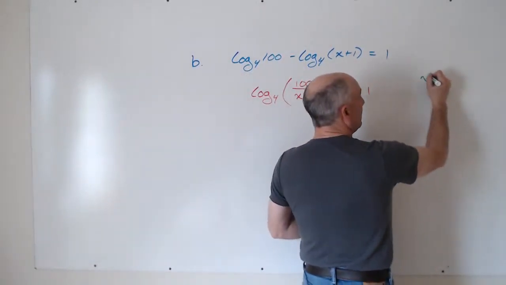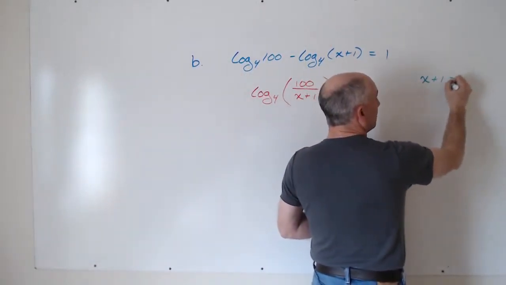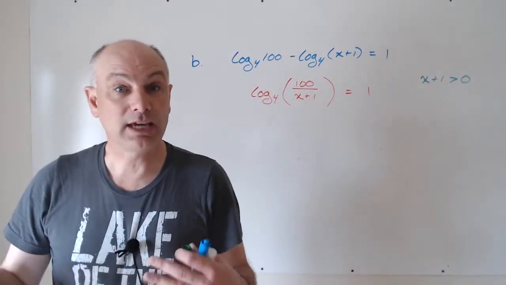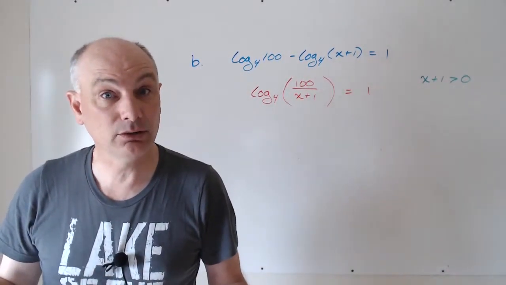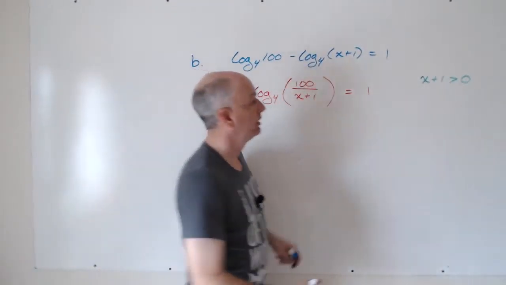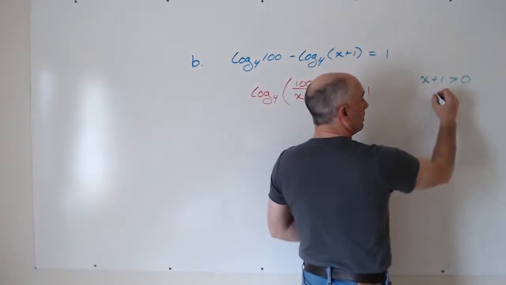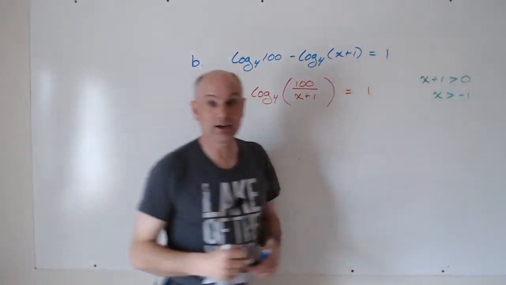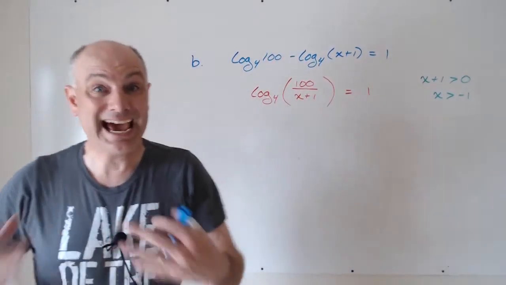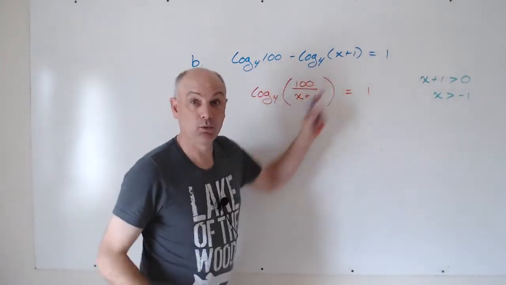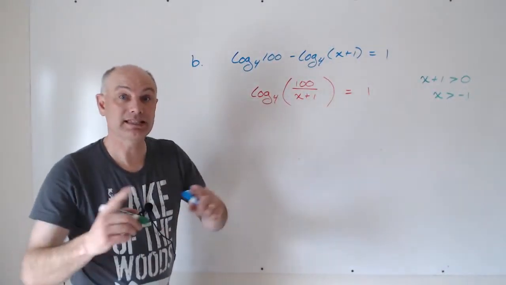So we have to keep in mind that because of the restriction on logarithms, you can't take the logarithm of a negative value. We have to look at this piece right here and set it greater than 0. So that means our value of x, whatever it is, has to be greater than -1. If it's not, it won't work for us. Well, let's see what happens.